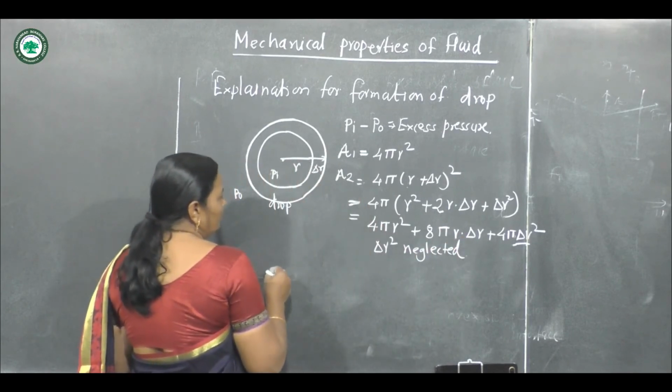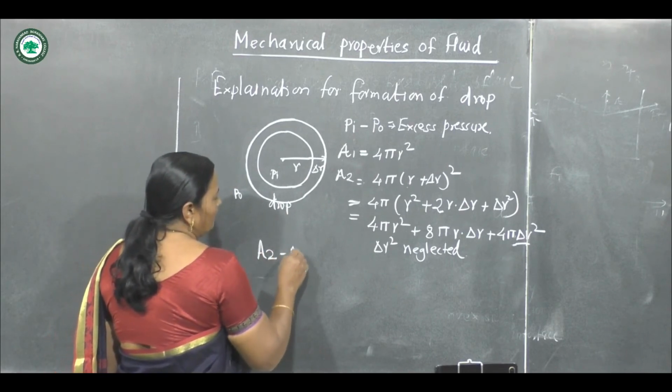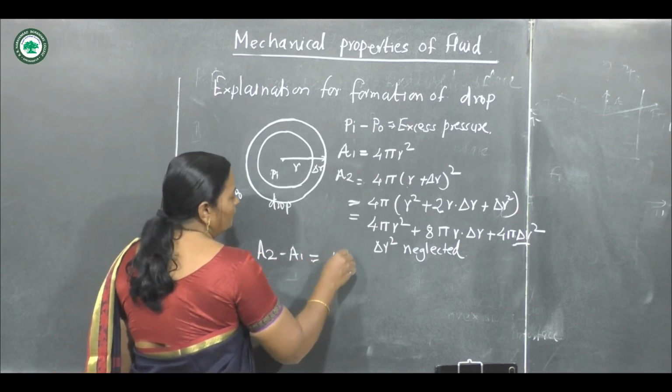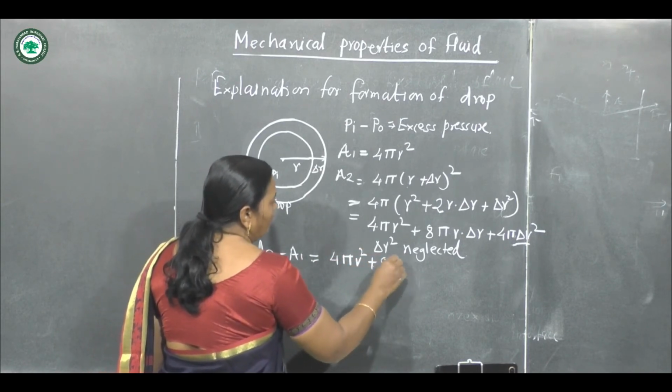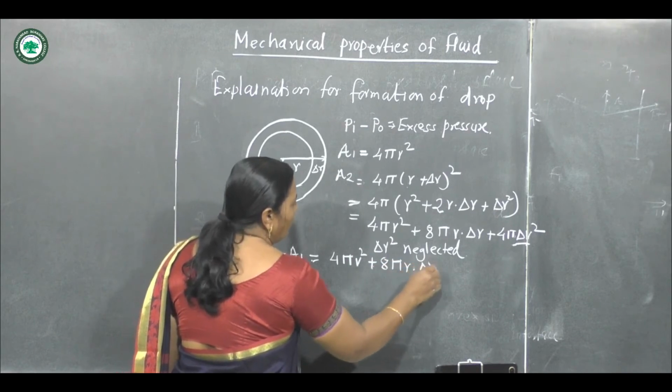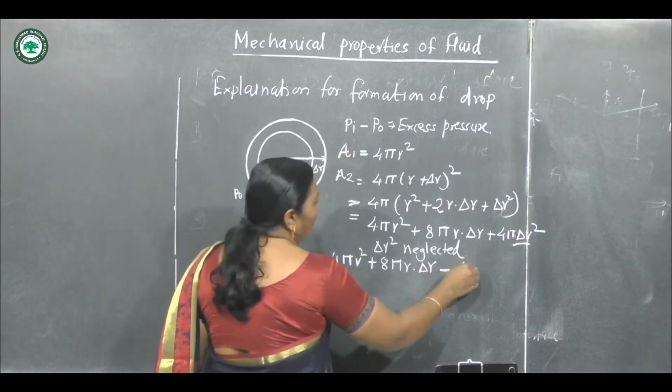Then we get the increase in surface area, A2 minus A1, equal to 4 pi r square plus 8 pi r into delta r minus the value of A1, which is 4 pi r square.